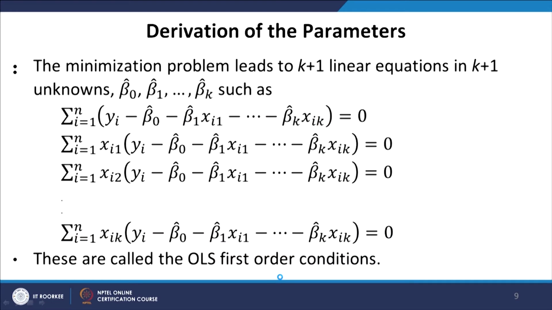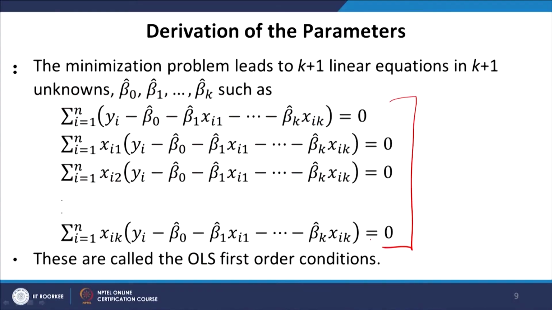First of all, we would be taking the derivative of this expression with respect to all the betas. Since there are k plus 1 betas, we will arrive at k plus 1 linear equations in k plus 1 unknowns, and these unknowns are beta naught hat, beta 1 hat and so on up to beta k hat.